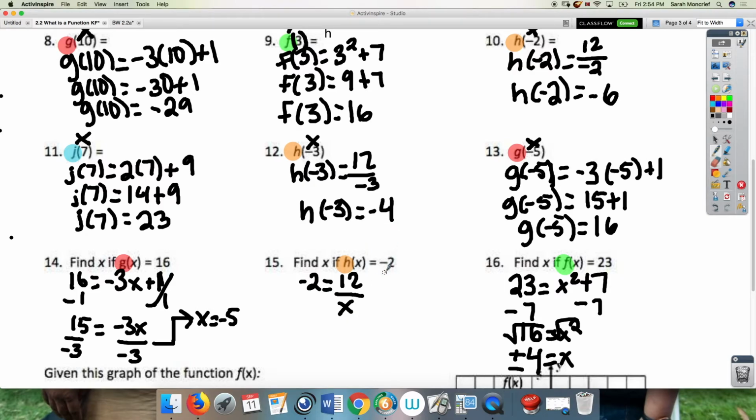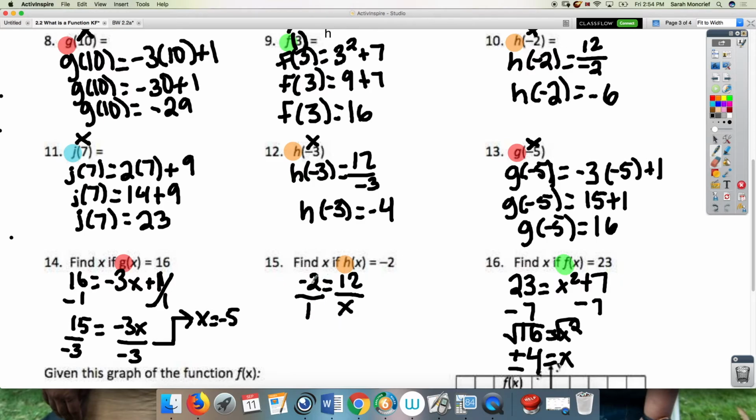Was negative 2 on the inside of the parentheses? No, so it's an output. How can I write negative 2 as a fraction? By putting it over 1.